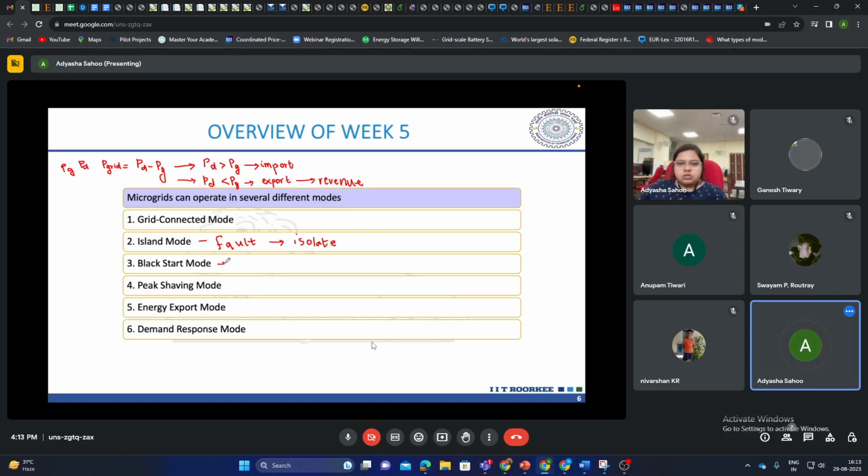Then the black start mode. As we know, the generating sources can be divided into two types: black start type generators and non-black start type generators. Can anyone give me an example of black start type generators?